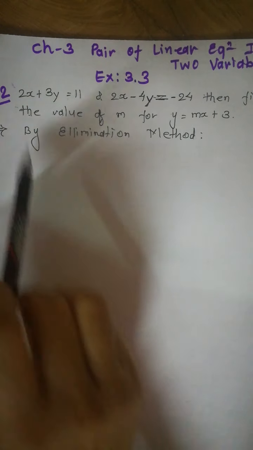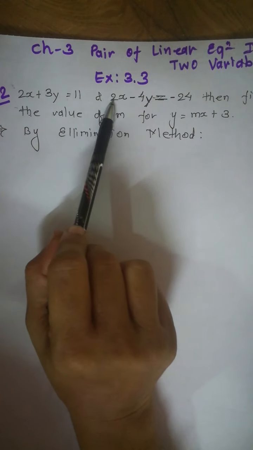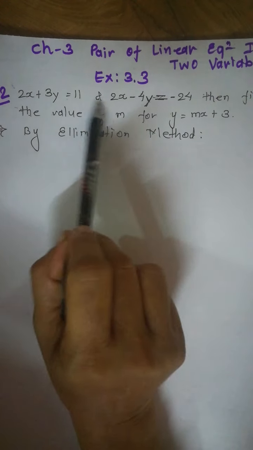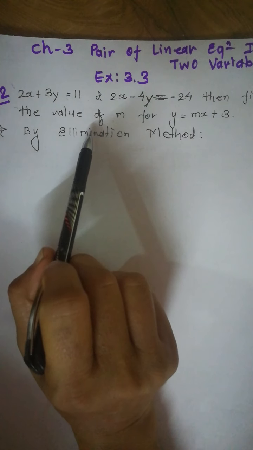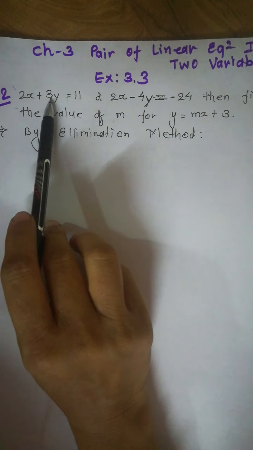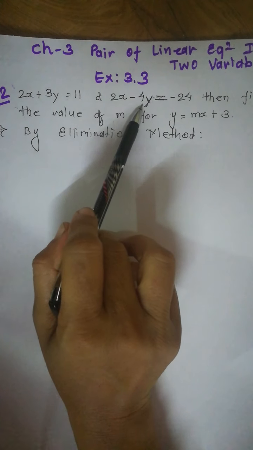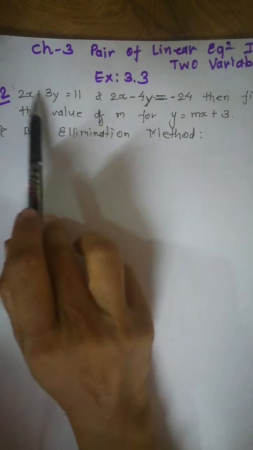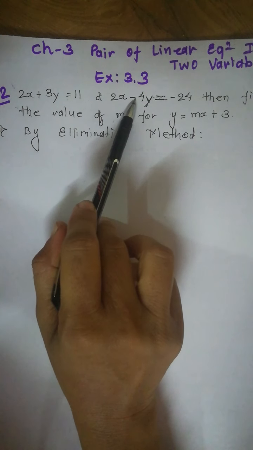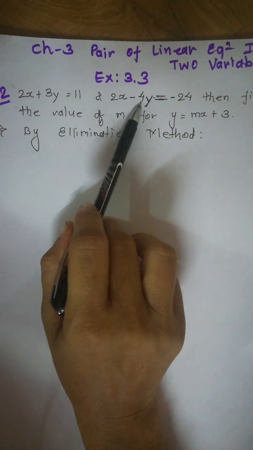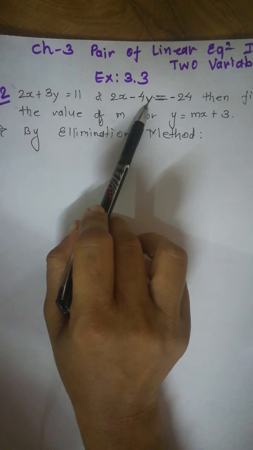In this case, both coefficients of the variable x are the same. What if the coefficients are not the same? For example, here we see 3y and 4y. The coefficients of y are not the same, but they have different signs, so we would add them. But first we have to make the coefficients of y the same by multiplying by a common number.